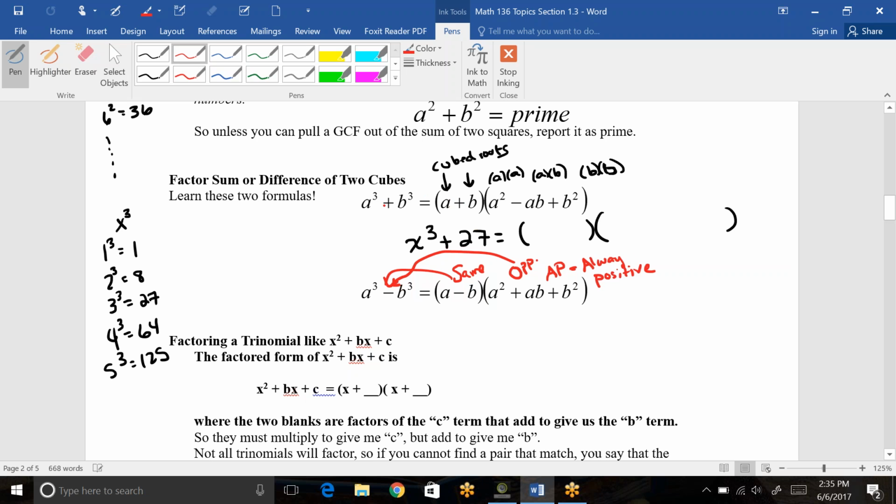So same sign as the original problem, opposite sign as the original problem, always positive. The reason this works is if you have those sign changes in the correct place, when you FOIL all this back out or distribute it, a lot of your terms in the middle cancel out.